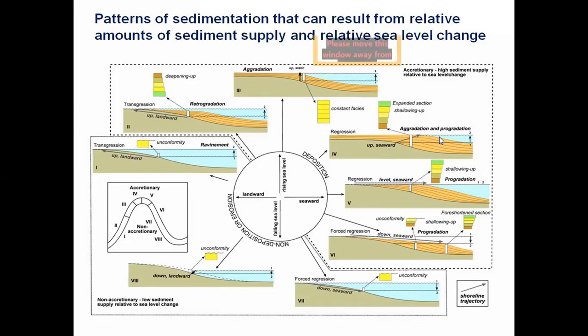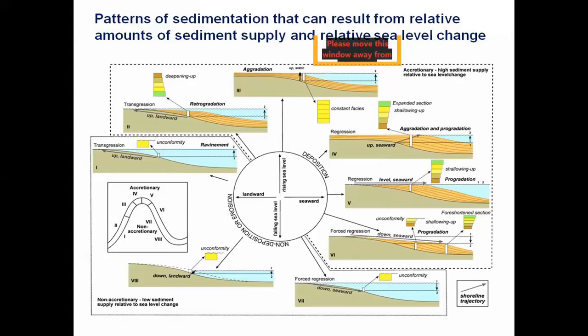And here you can see aggradation and progradation. Here you can see the finer grains are overlain by coarser grains, but in the middle part the same type of deposits are followed. This is actually aggradation.